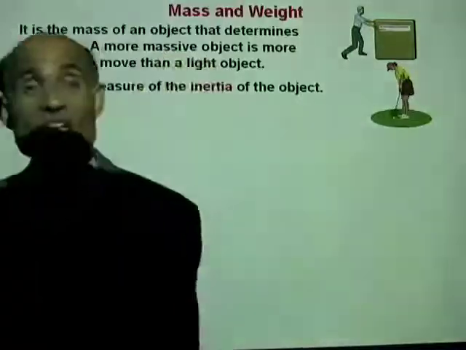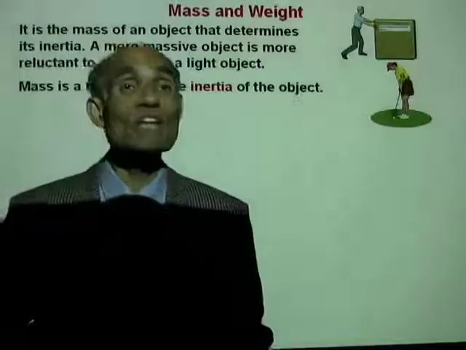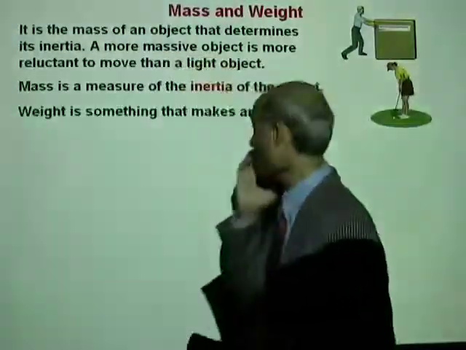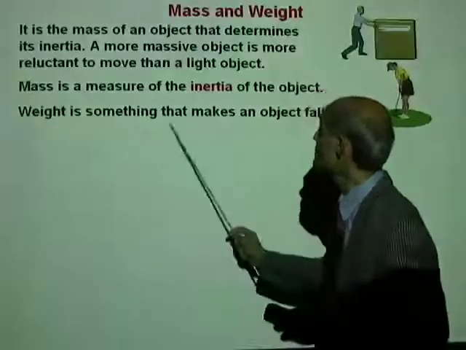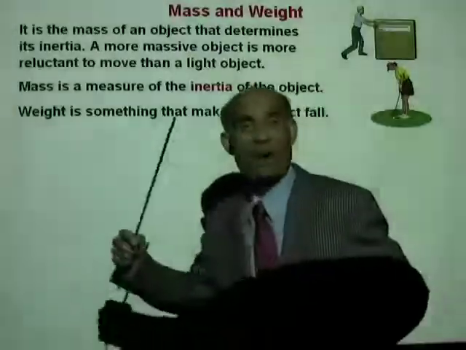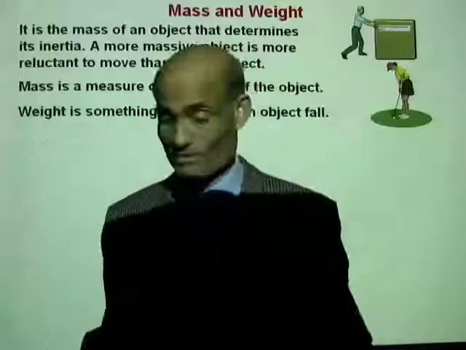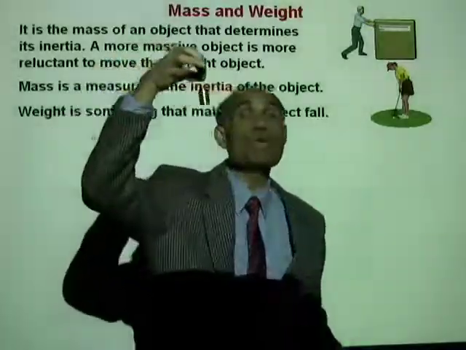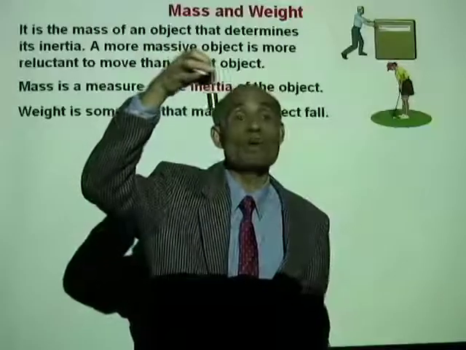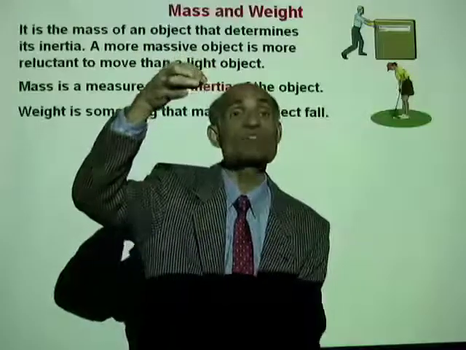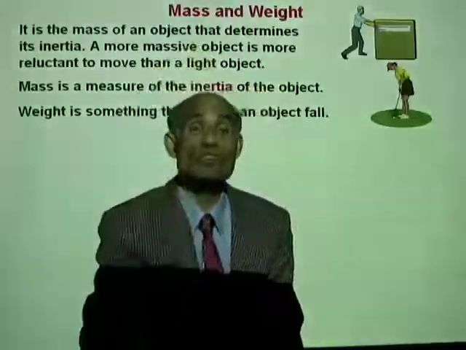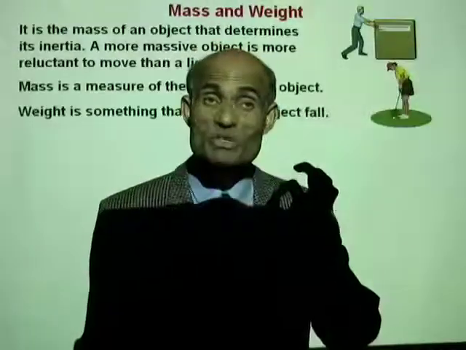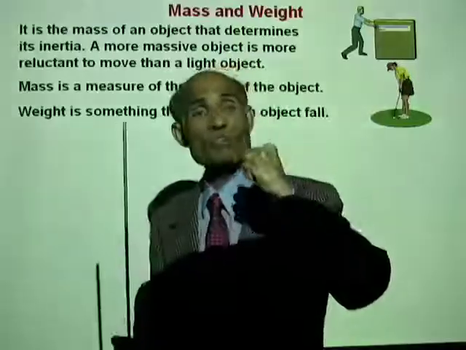So, mass is a measure of the inertia of an object or a particle. Whereas, weight is something that makes an object fall. Well, if this object has no weight, it cannot fall. When I drop it, it falls because it has weight. So weight is what makes an object fall.